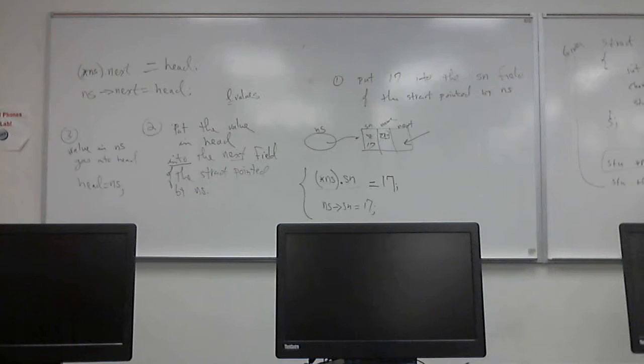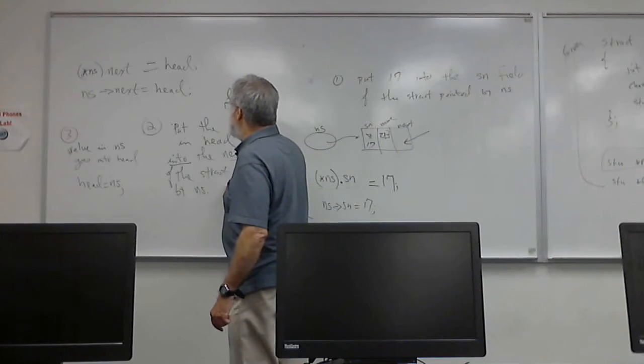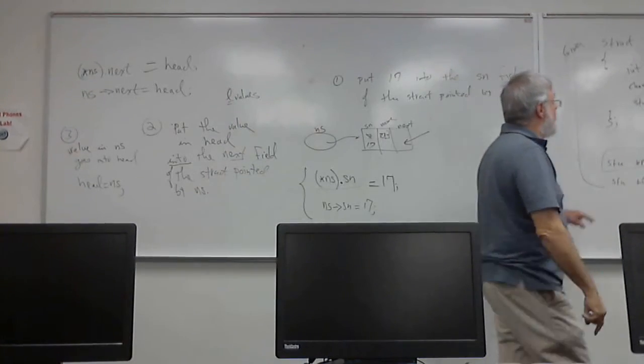So let's take a look at what that's doing. We have ns. Right down below here, I've got variable ns. It points to this thing consisting of a place for a student number, a place for a name, and a place for next. And when we're doing this step here, we're taking whatever's in head.